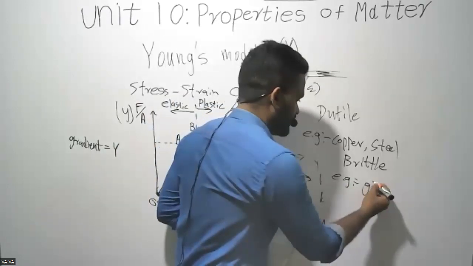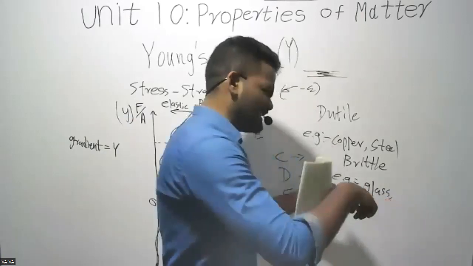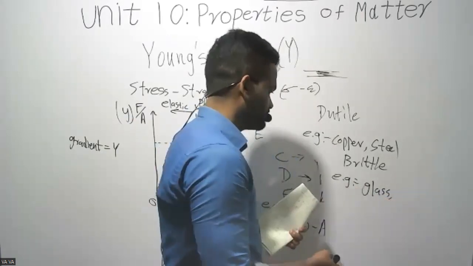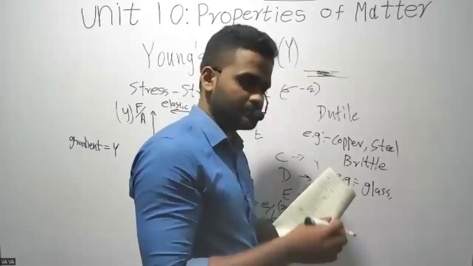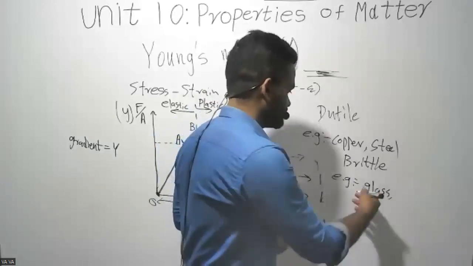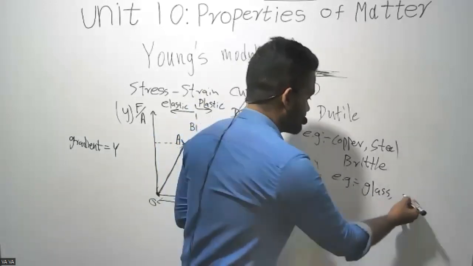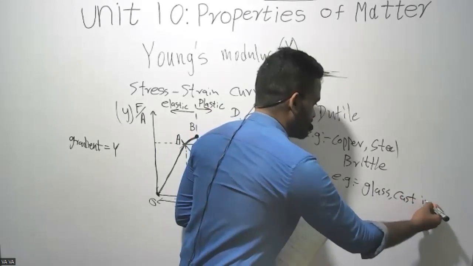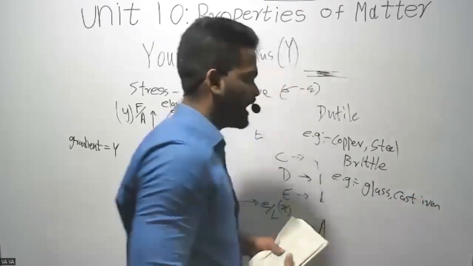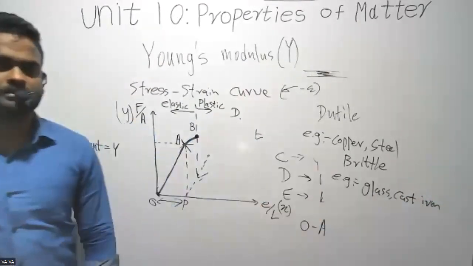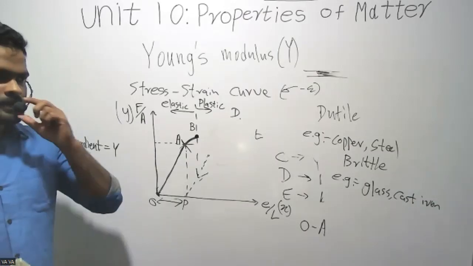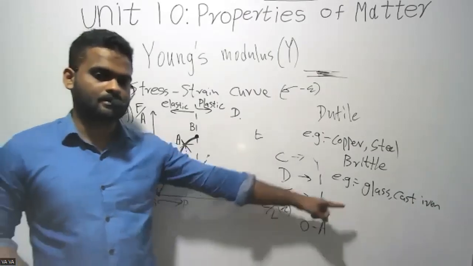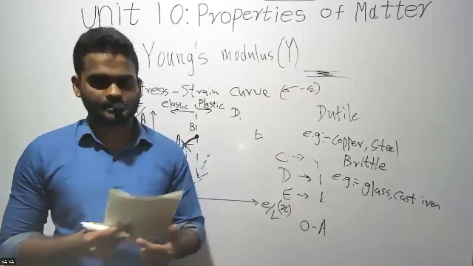We know that glass is brittle. It easily breaks and doesn't keep changing thickness. Another brittle material is cast iron. Write down glass and cast iron.